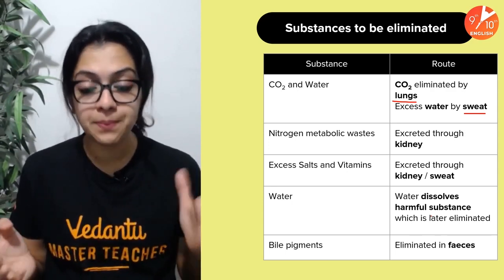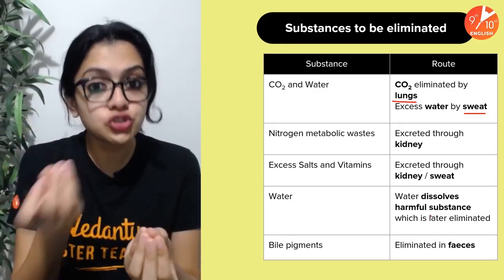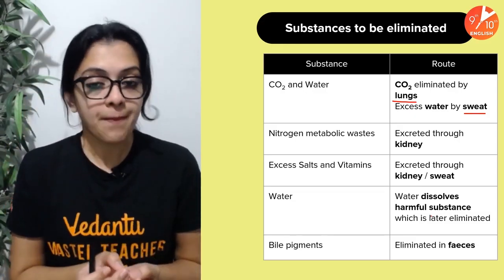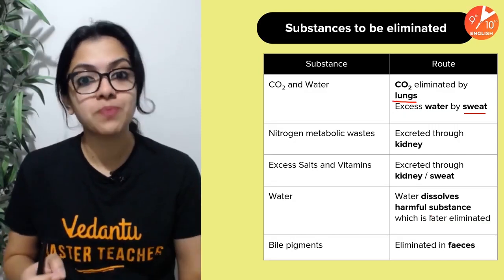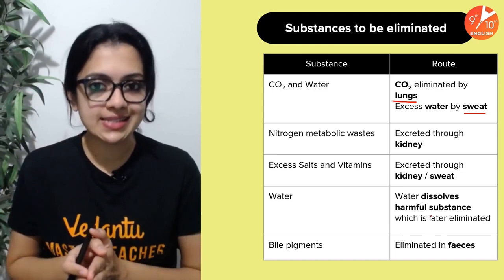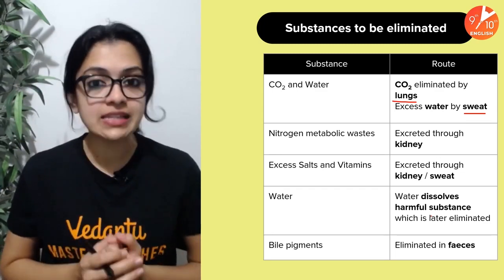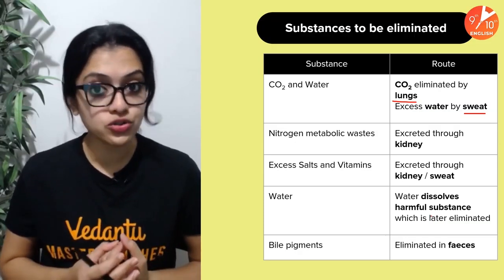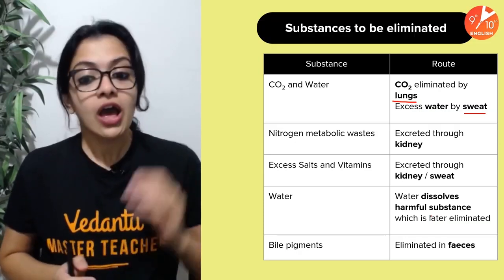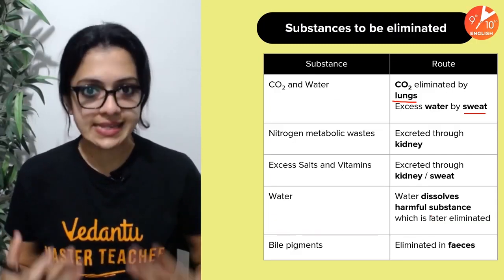Bile is the juice produced by the liver and released by the gallbladder into the small intestine to help in digestion. There are bile pigments in the body which perform a very important role. Excess bile pigments get eliminated along with feces, fecal matter.